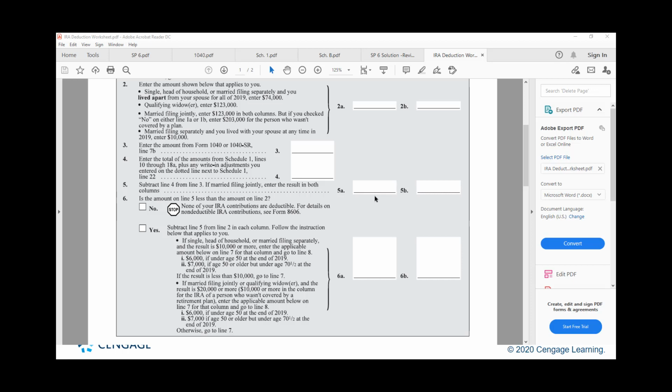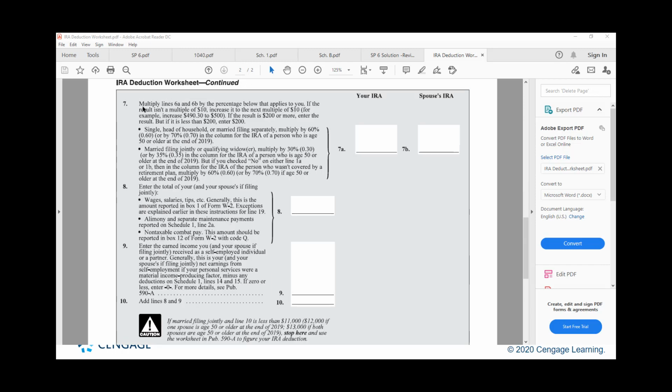Compare the two. Write the difference here: 1,750.